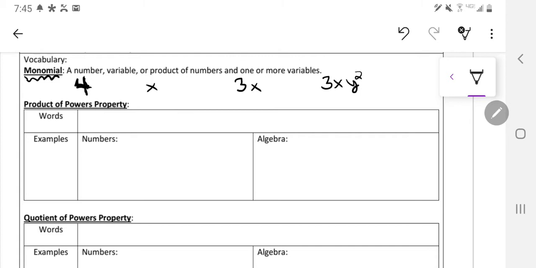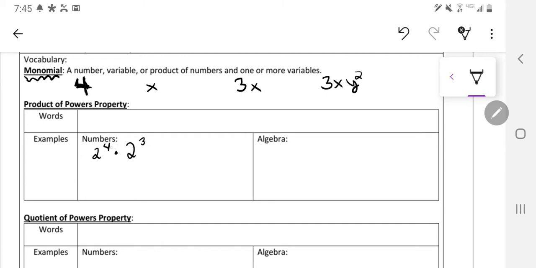All right. So the product of powers property, well, this is just saying that you're going to be multiplying powers, so that's a base and an exponent, and this is a property that relates to those two. So let's say we have in numbers 2 to the 4th times 2 to the 3rd. All right, there's a way to simplify this.